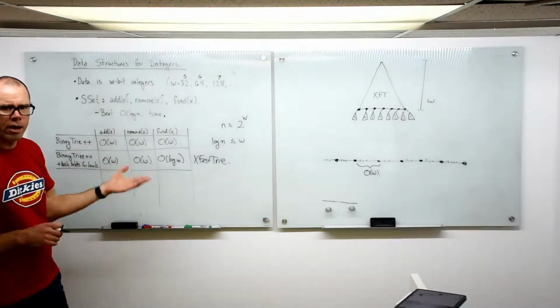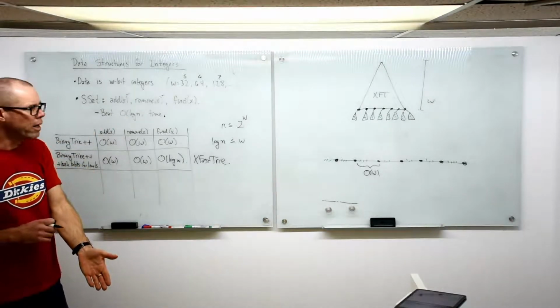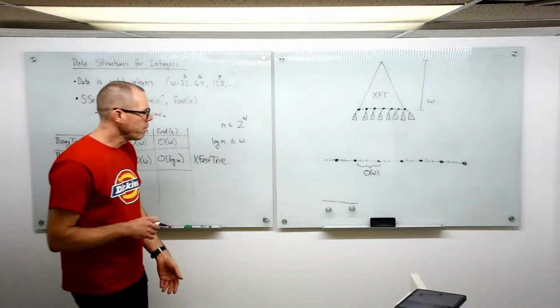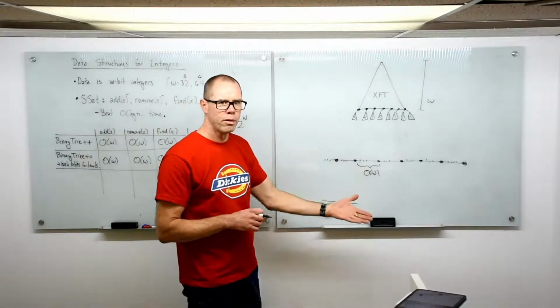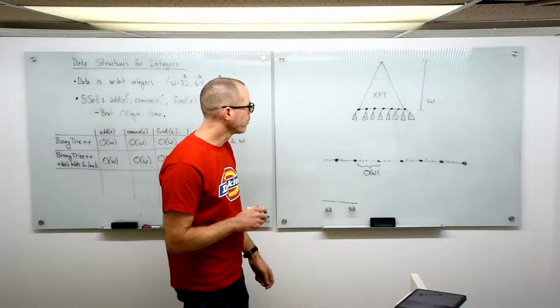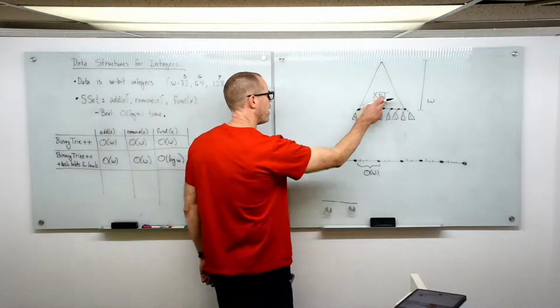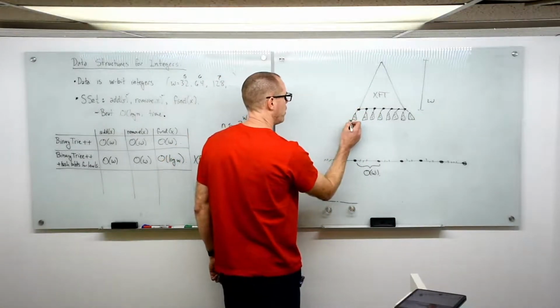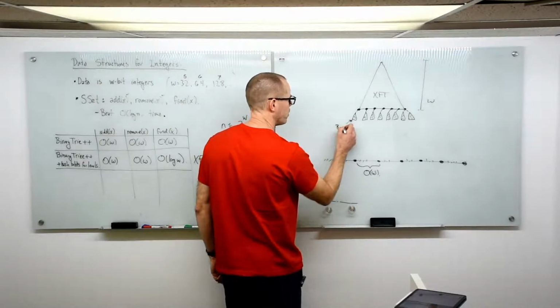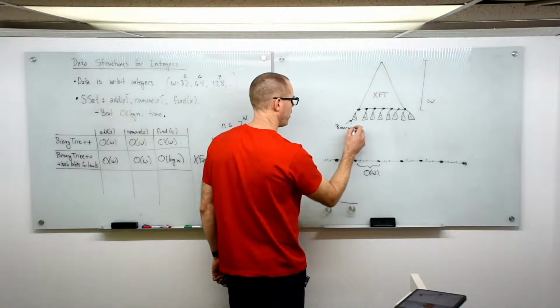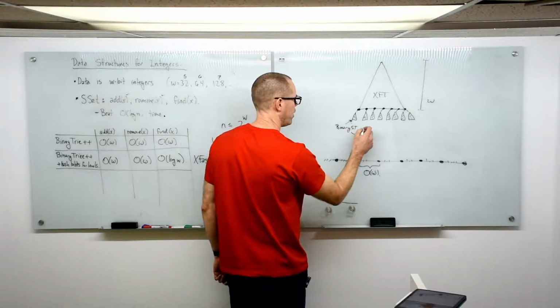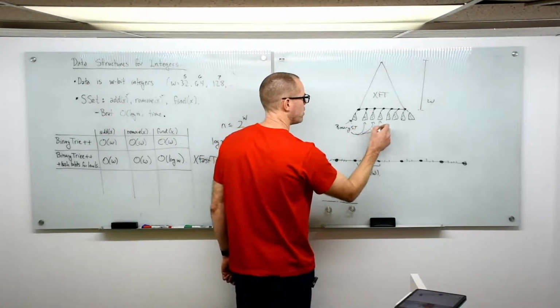If they store n things, they can do all their operations in log n time. We're just going to make them so small that they only store W things, so they can do all their operations in O of log W time. So we have an XFast trie on top, and we have binary search trees here, or whatever you want. Treaps, skip lists, scapegoat trees, you name it.